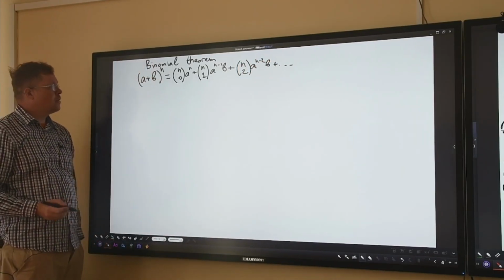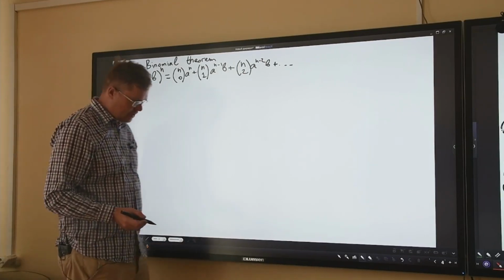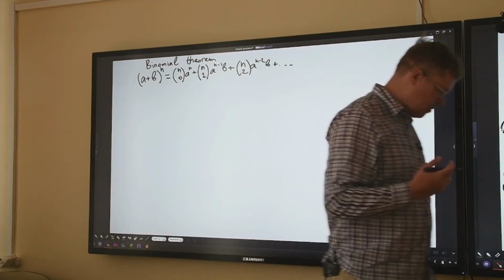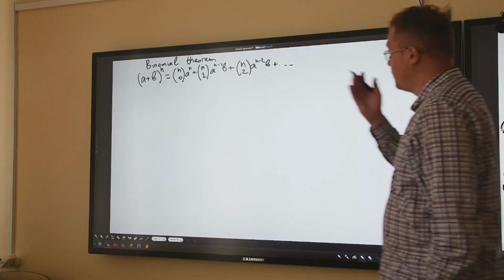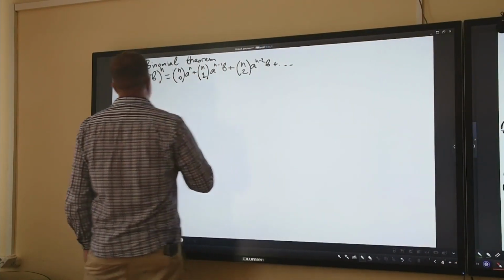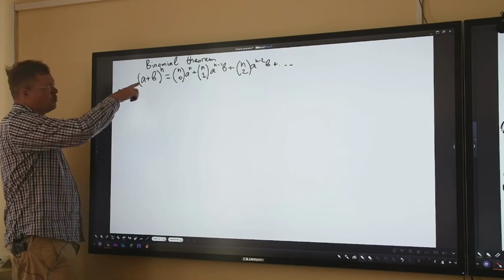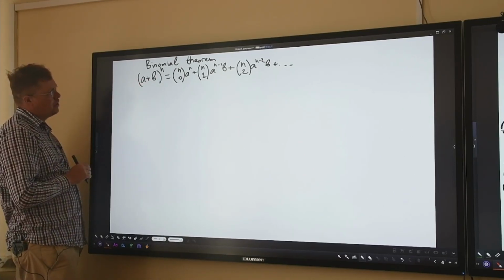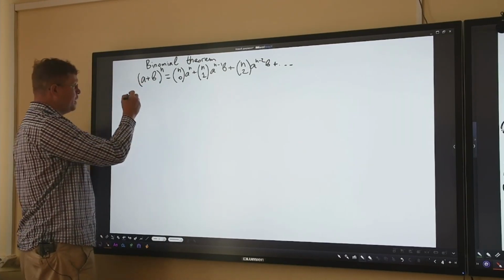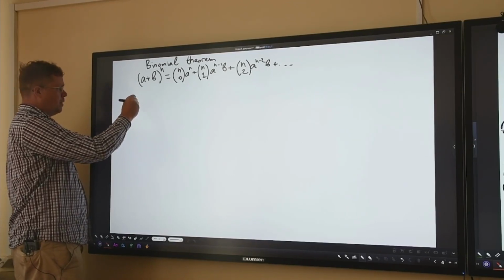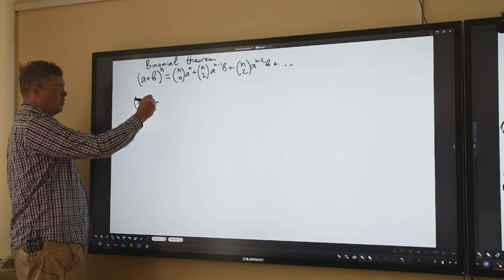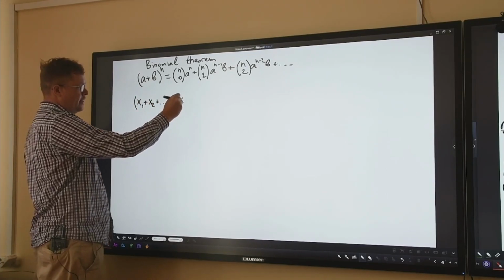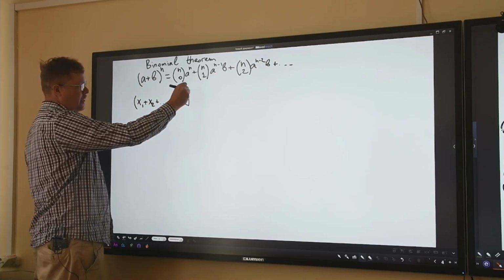The same holds if I want to expand not 2 but several different terms. So what if I have x1 plus x2 plus etc. plus xk to the nth power?